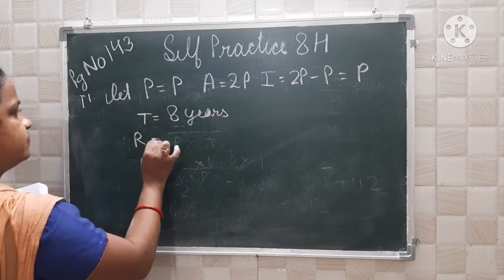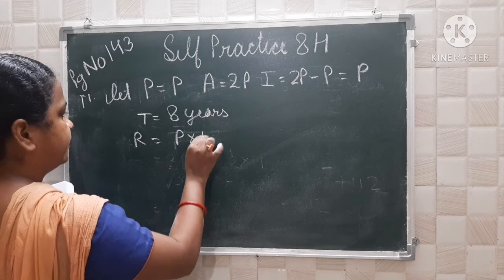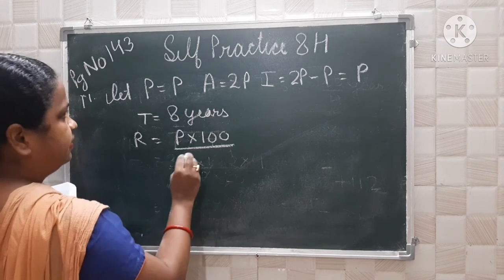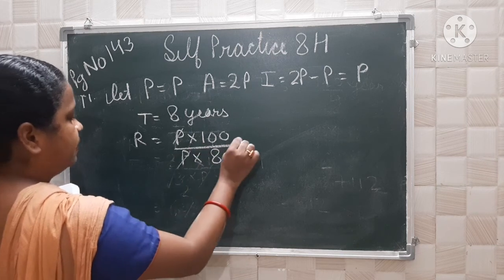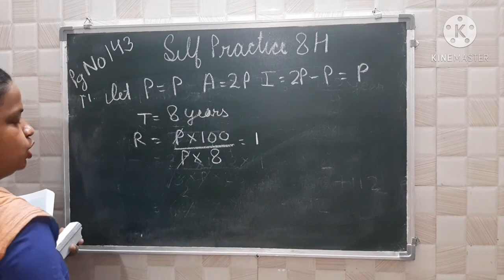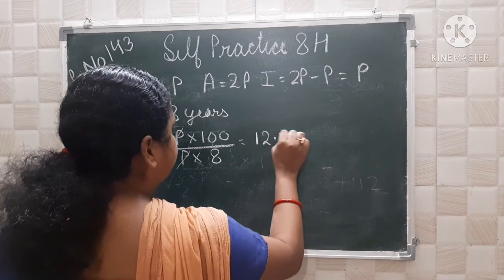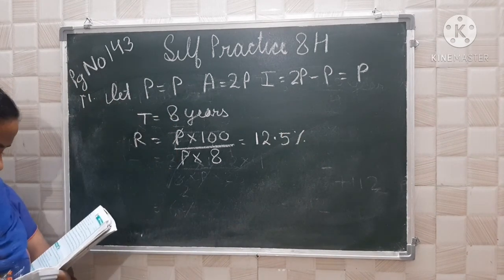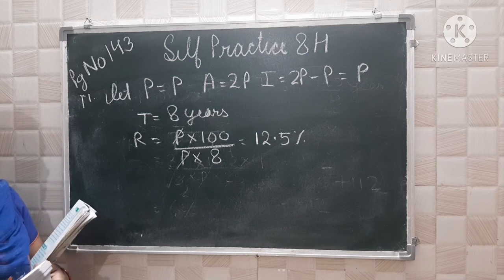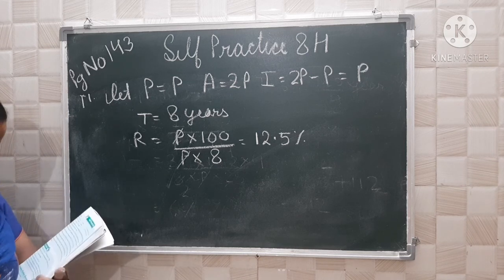R is equal to P into 100 upon P into 8. P cancel out. 8 1s are 8. 8 12s are 96, 8 2s are 16, so 12.5% interest. Okay, how much interest will it get? 12.5%.